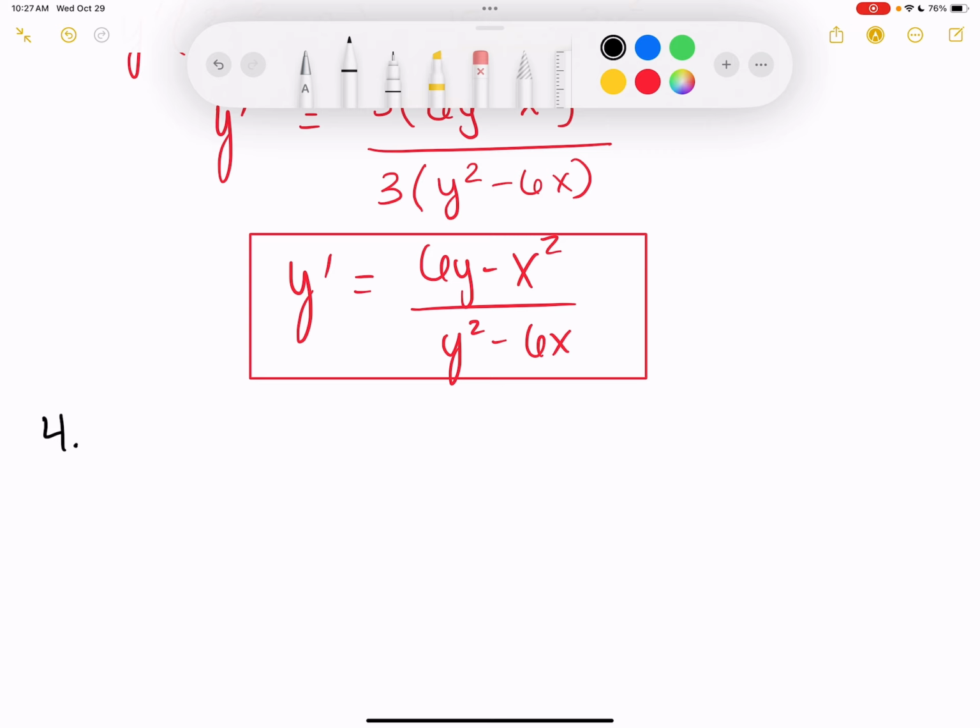But if you can, obviously you should still do that, because then you don't have to do implicit differentiation. Because in a sense, we're always doing implicit differentiation. We just don't call it that because y is already by itself, but that's how we get the y prime. So this one is x squared is equal to x minus y over x plus y.